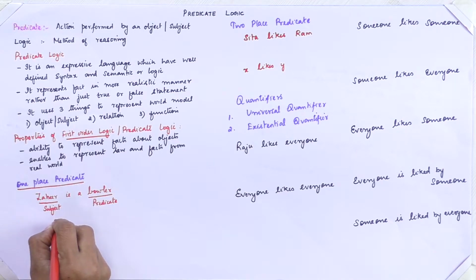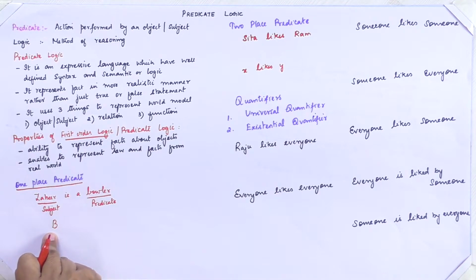Instead of bowler, I can have capital B. Always represent the predicate term by a capital letter, and here capital B stands for bowler, right? Within the parenthesis we have the subject, and the subject here is Zahir. Instead of Zahir I can have Z. So B of Z is the symbolic representation of this one place predicate.